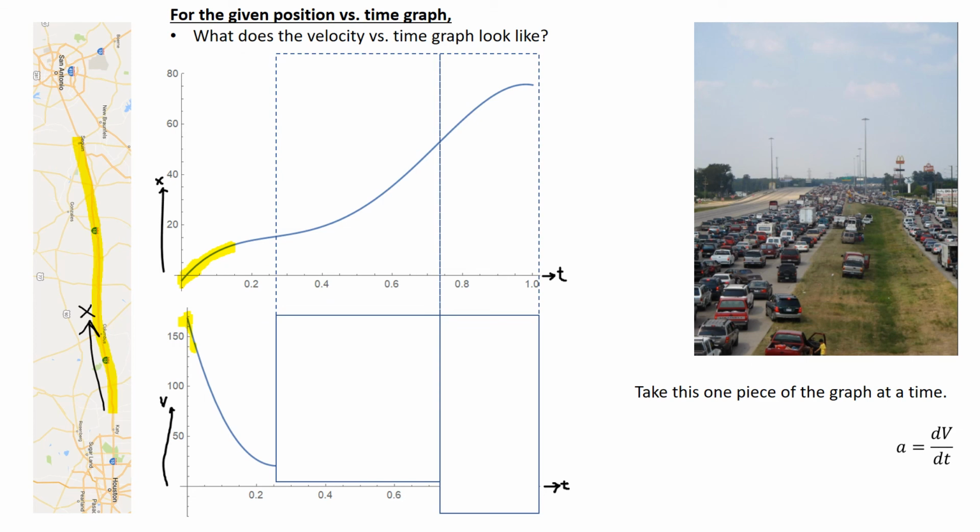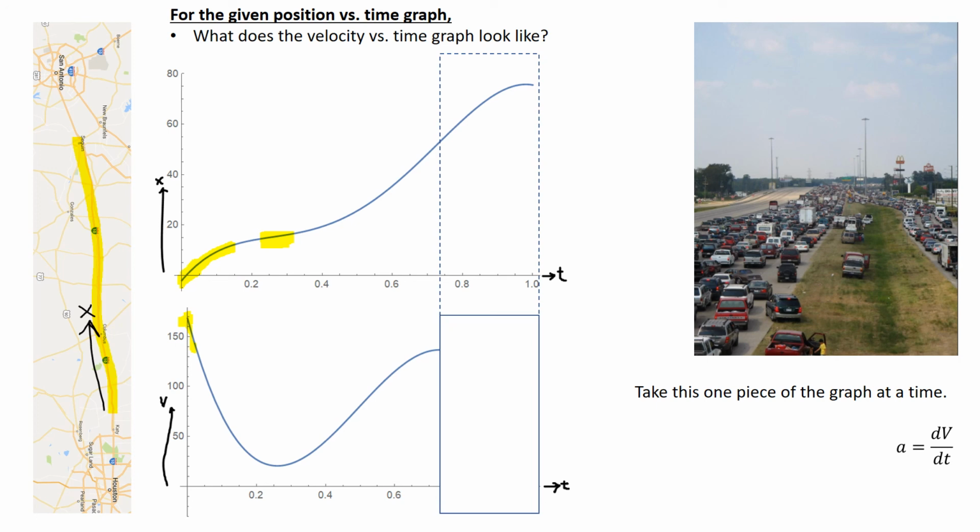Slowing down, and it looks like somewhere in here we're getting a minimum. There's an inflection point in here, because after this point, what happens to the slope? Now the slope is starting to get larger, so our velocity is getting larger. The key thing to look for in these graphs are inflection points and mins and maxes.